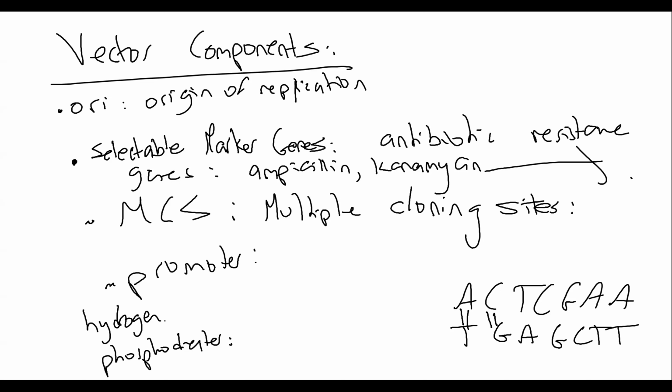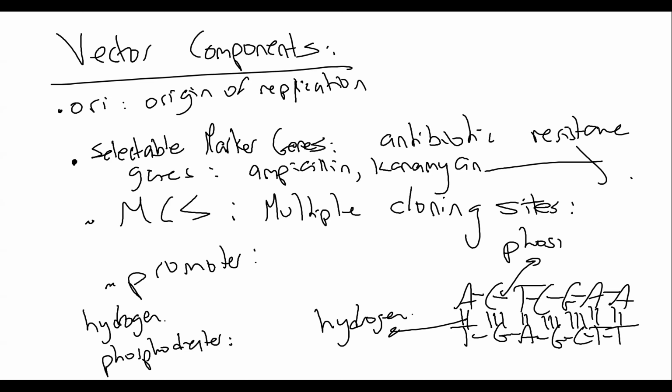Between the bases along the strand, these are called the phosphodiester bonds. Restriction enzymes cut the phosphodiester bonds. However, the helicase enzyme cuts the hydrogen bonds.